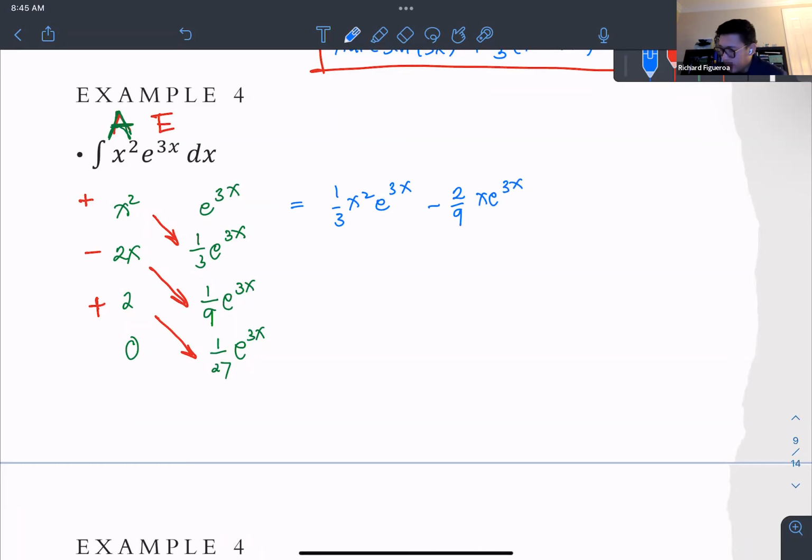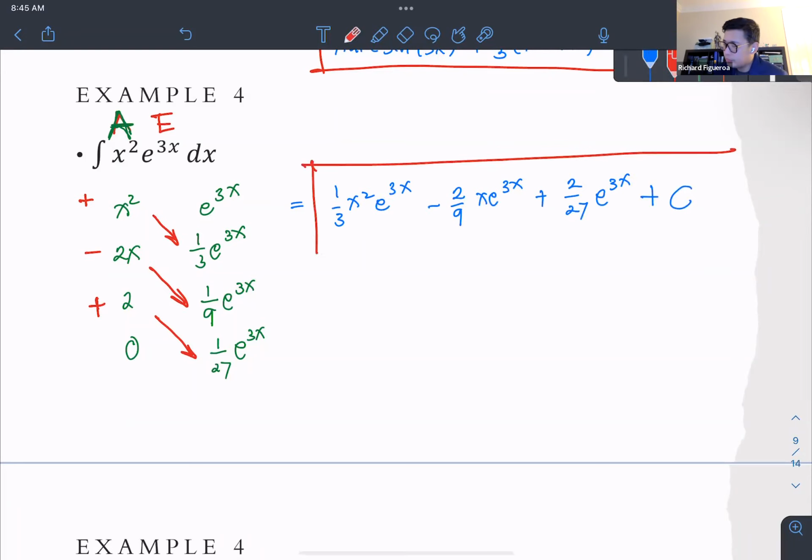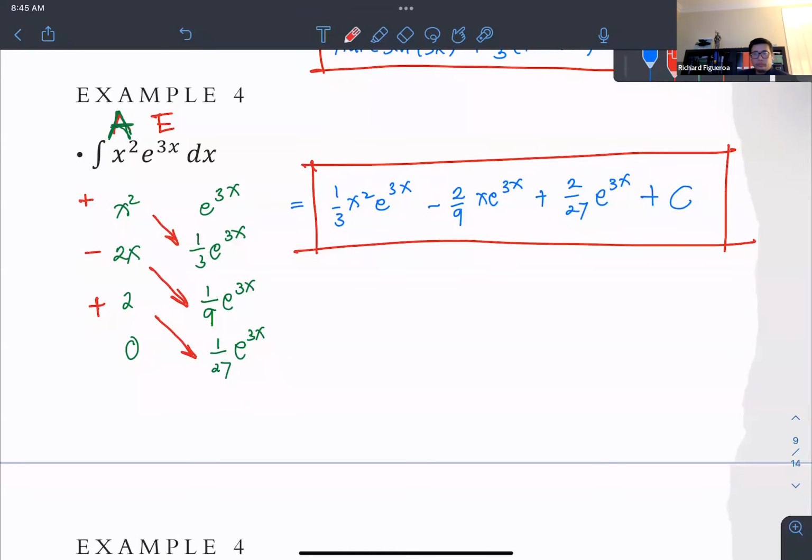And lastly, plus 2 all over 27 e raised to 3x plus c. So 1/3 x squared e raised to 3x minus 2 over 9 x e raised to 3x plus 2 over 27 e raised to 3x plus c.